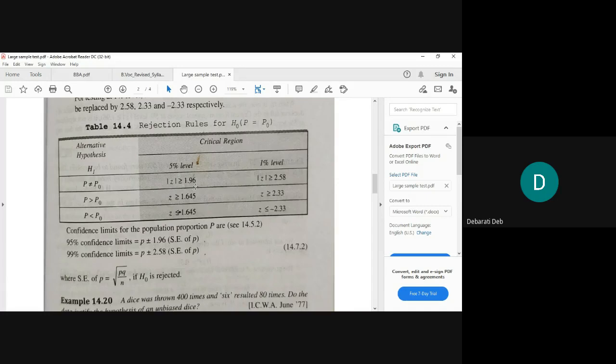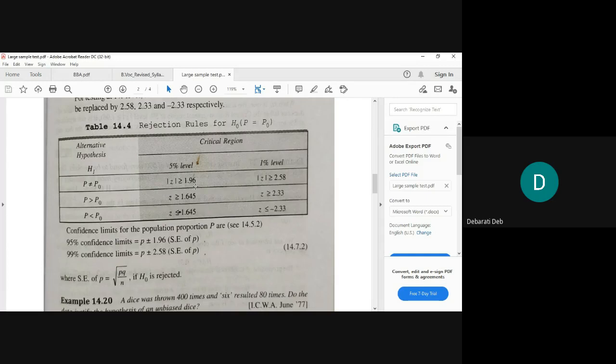Am I correct? This table 14.4 is the rejection rule of H naught. So if this calculated value of z is greater or equals to 1.96, then we reject the null hypothesis.